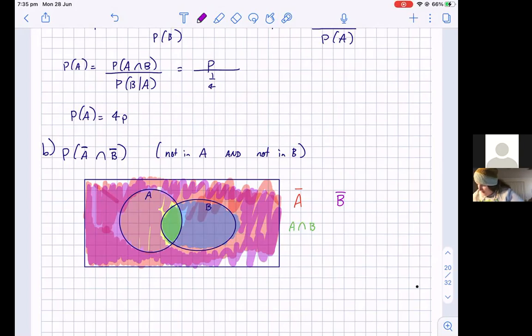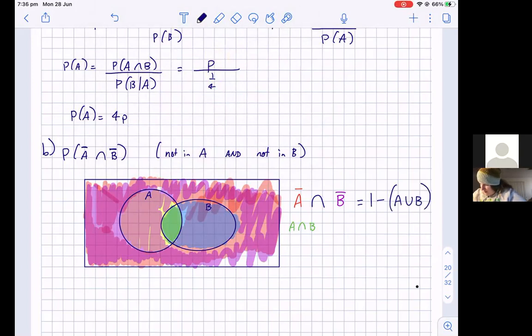And the only bits that are both red and purple, because the yellow's got no red, the blue's got no purple, the only bit that's both red and purple is everything outside of whatever's in either.